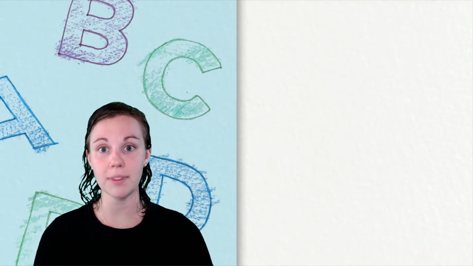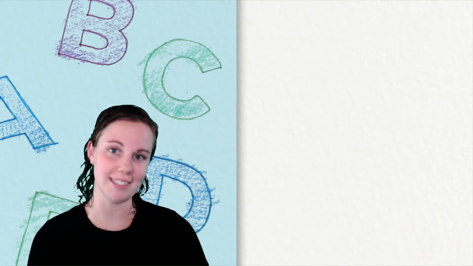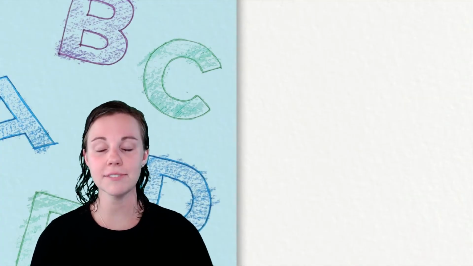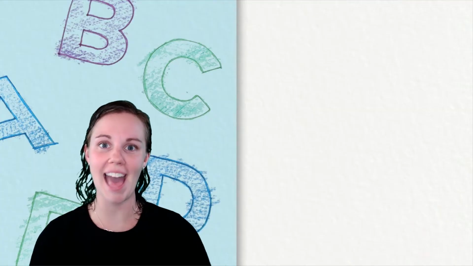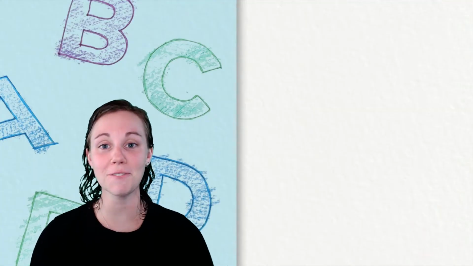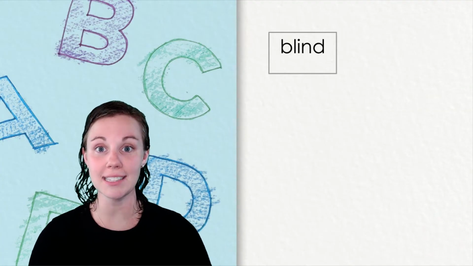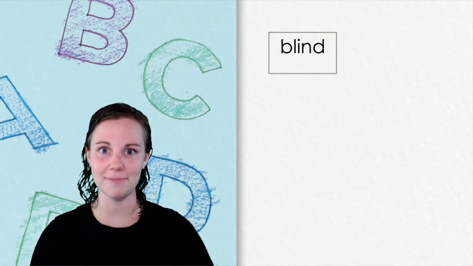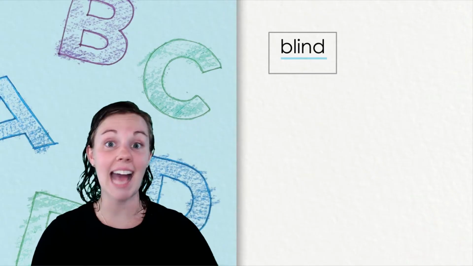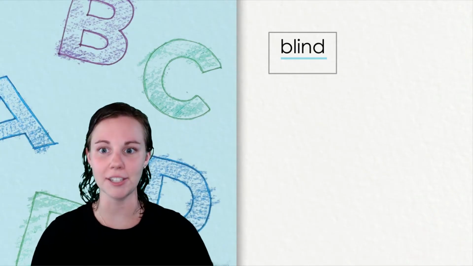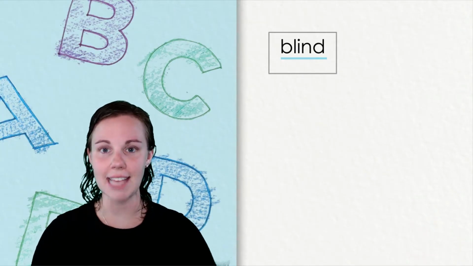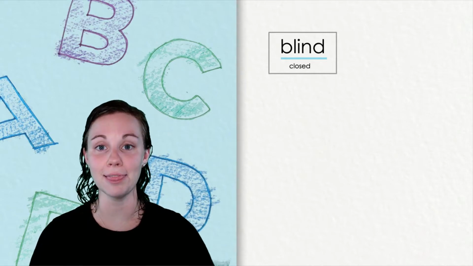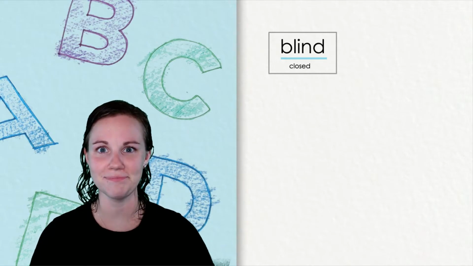Let's remind ourselves what this looks like with a few word examples. Let's read these words together and identify which syllable types we have in the words. Here's the first one. What does it say? Blind. We notice this ind pattern, and like I said, it appears to be a closed syllable, but it has that long vowel exception.